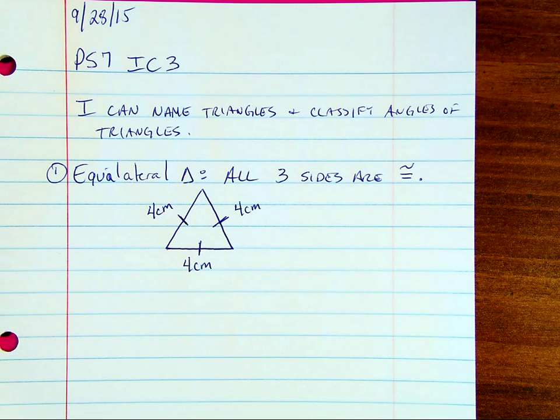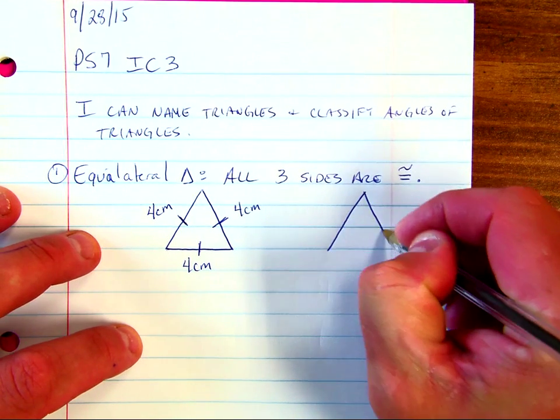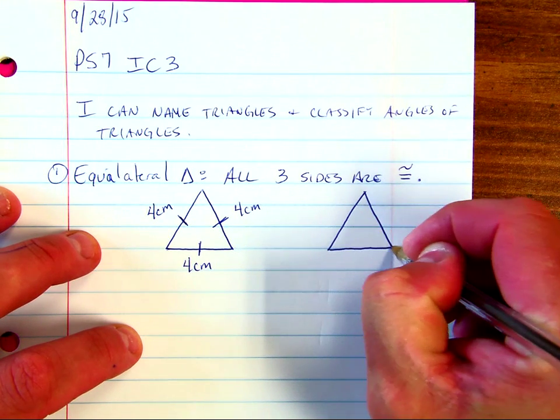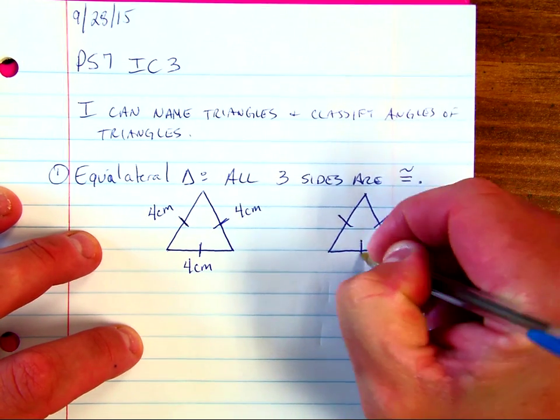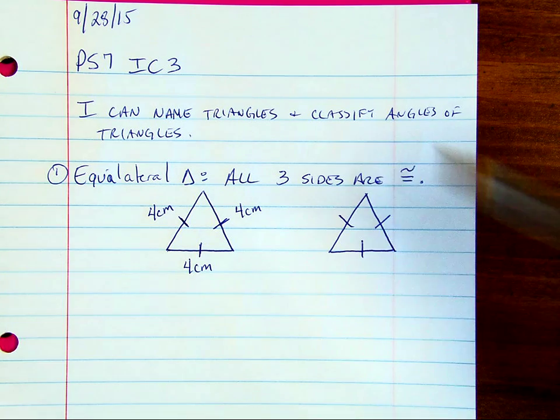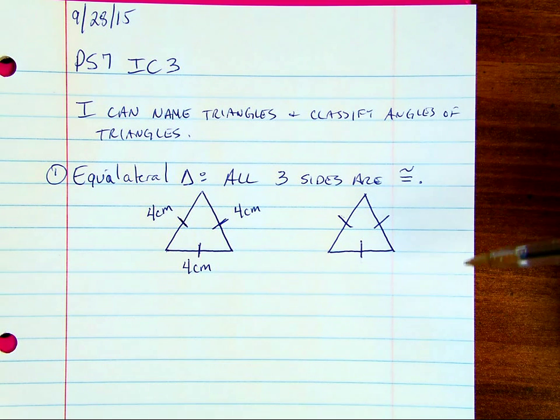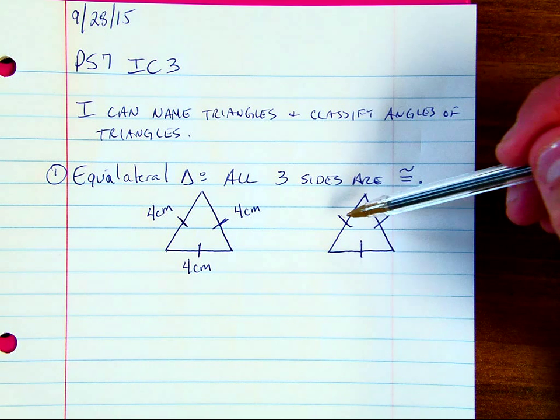You have an equilateral triangle. So I could give you a problem like this without any numbers and just say, what kind of a triangle is that? And you better be able to say equilateral. And the reason why is this symbol. The symbol that we use to designate an equilateral triangle are just these slash marks through the side lengths.